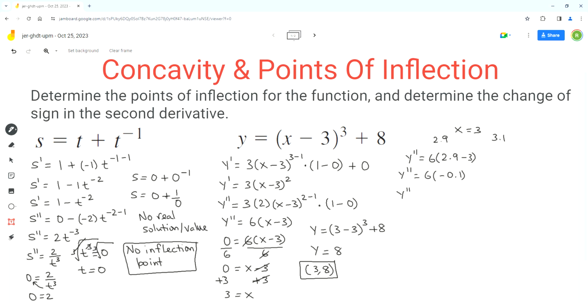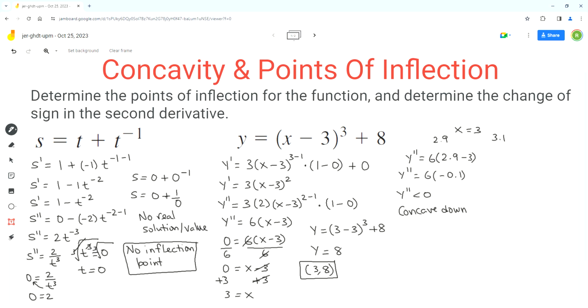So the second derivative of y is less than 0 to the left side of the inflection point. That means the curve concaves down on the left side of the inflection point.